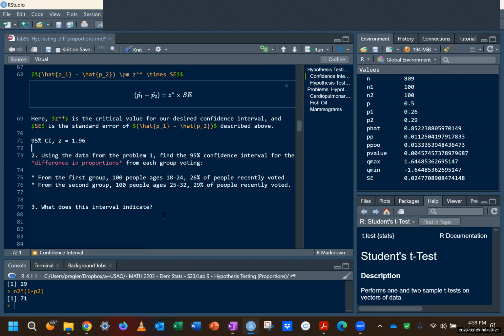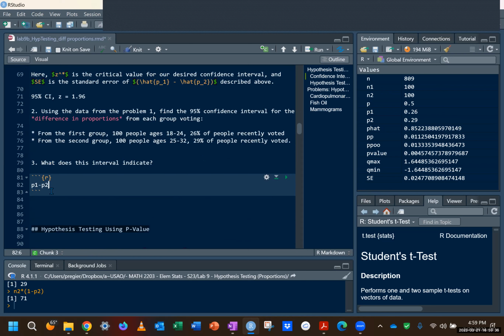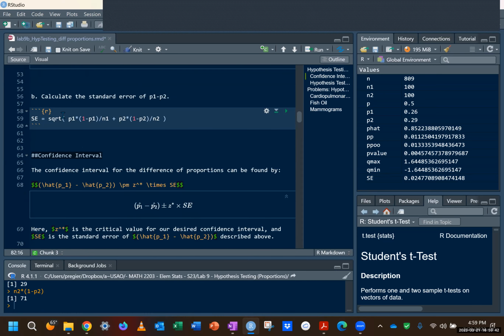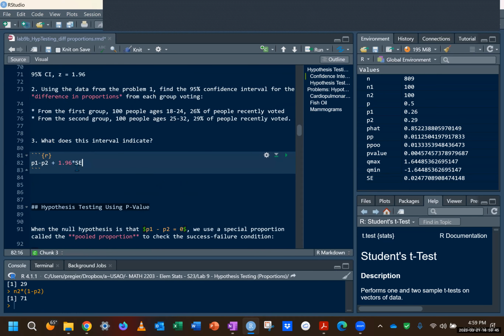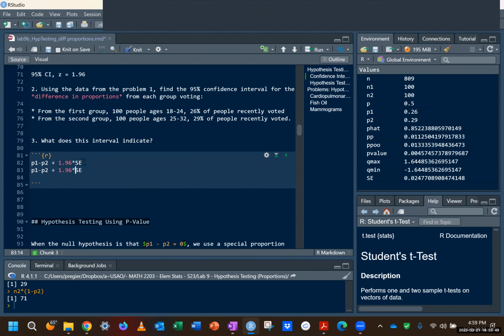Here's the information again to remind us we're trying to test the difference of these two percentages. So we would say P1 minus P2, since I've already saved those correctly above, and I haven't done anything else in between, I can just say that. And I say plus 1.96 times SE, because I've already found the SE directly above. These should be accurate now. So that's the upper bound, and this is the lower bound.